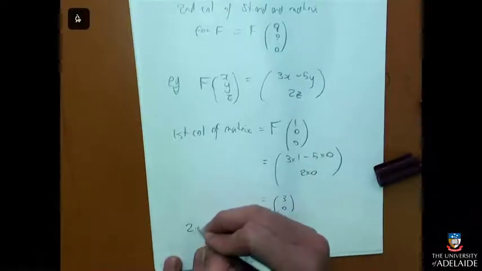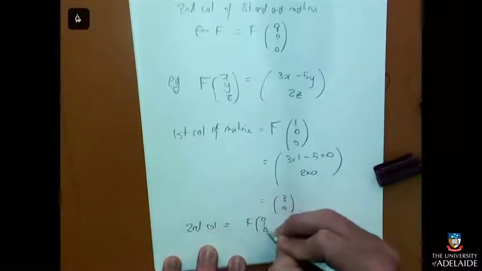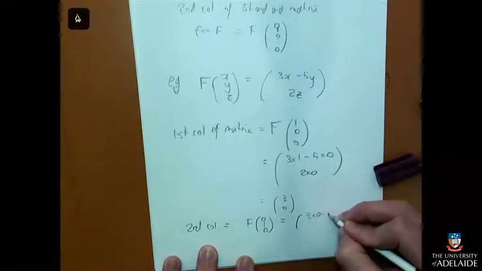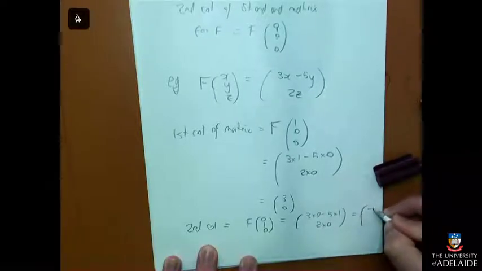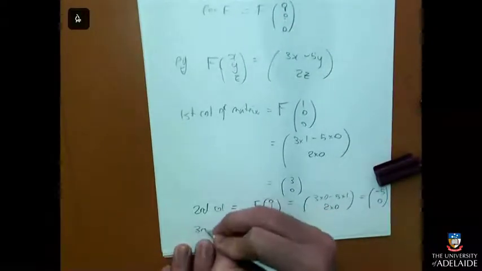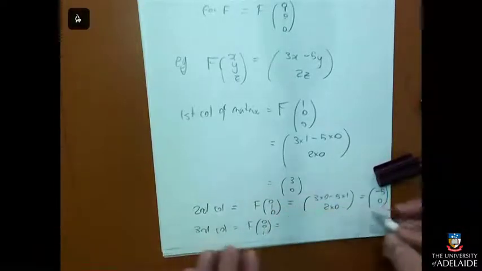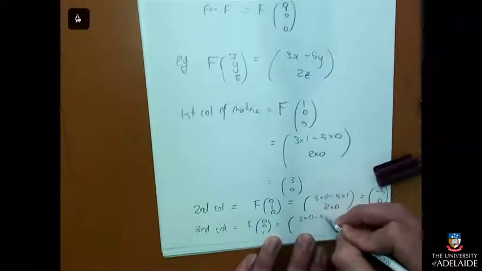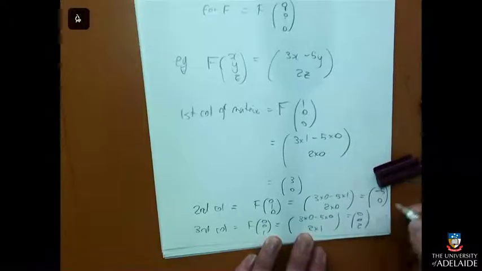And the second column is F of 0, 1, 0, which is 3 times 0 minus 5 times 1, 2 times 0, which is minus 5, 0. And the third column is F of 0, 0, 1, which is 0, 0, 2.